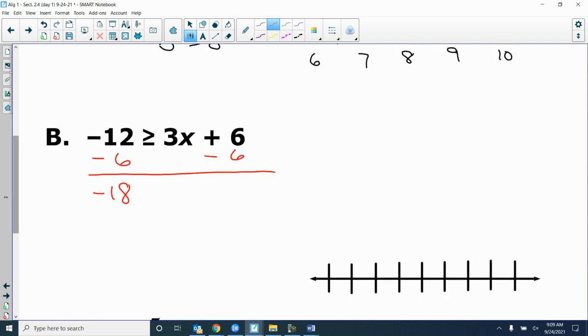Nope, not yet. You're doing too many steps. Just go negative 18. This sign should come down. What is that sign? Greater than or equal to. Then what? 3x. So it's just like you're reading a sentence out of a book. When you tell me what to write, you're going to tell me from left to right.